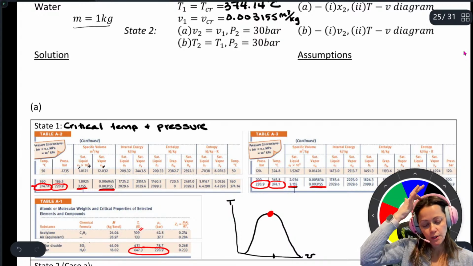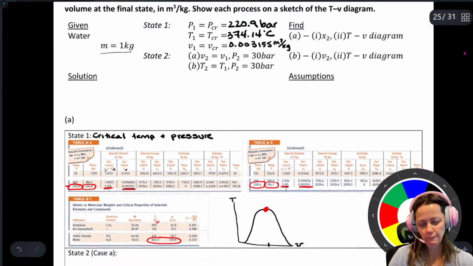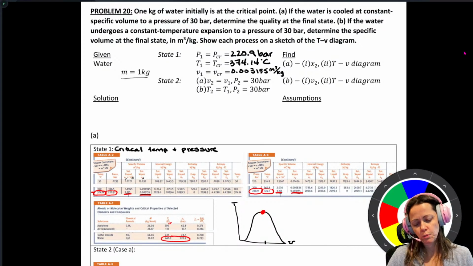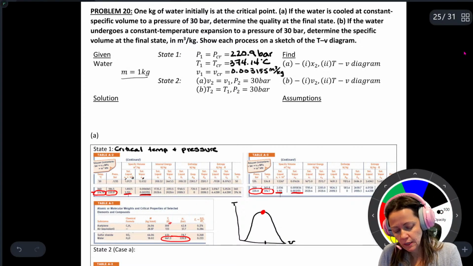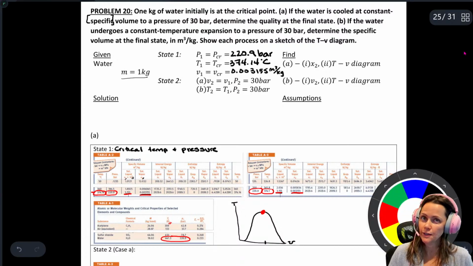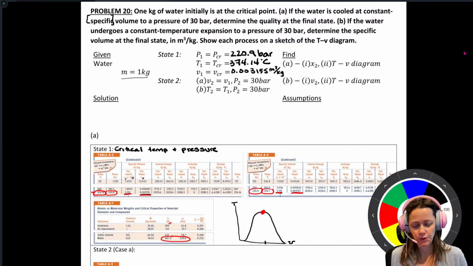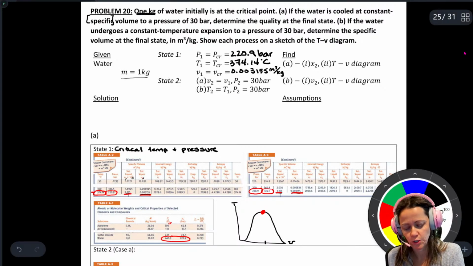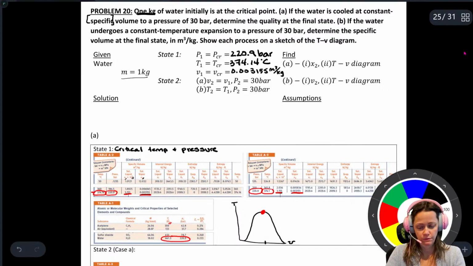All right, so now that we've got that out of the way, it's at the critical point. If the water is cooled at a constant specific volume to a pressure of 30 bar, and I know it says specific volume, just keep in mind, if I didn't say specific, it's still constant volume because we're talking about a control mass, a closed system, a chunk of mass.